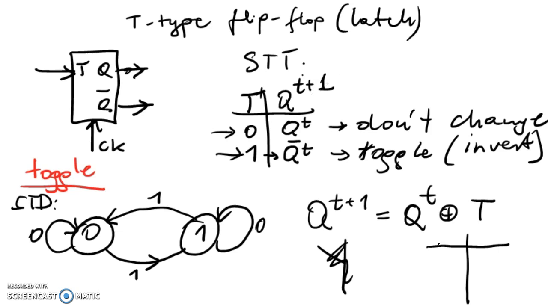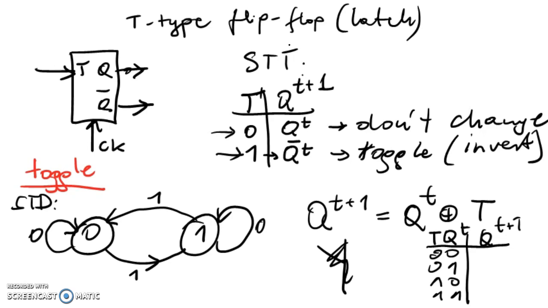It is a shortened version, and the full version is when you have Q of t on the left hand side as well as T, and on the right hand side Q of t plus 1. 0, 0, 0, 1, sorry, 0, 0, 0, 1, 1, 0, and 1, 1.